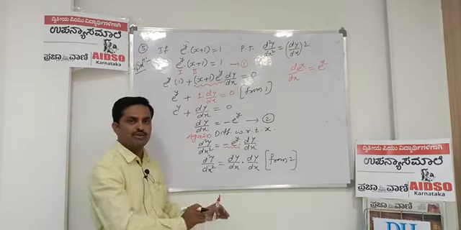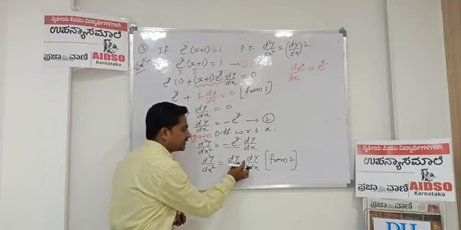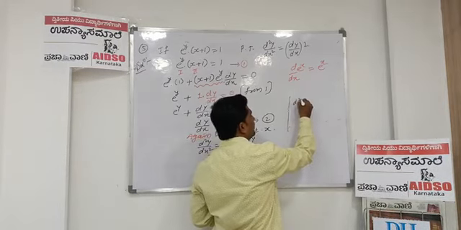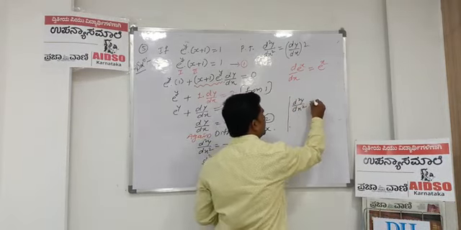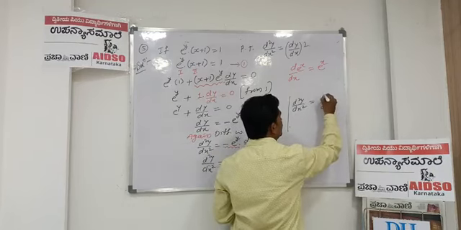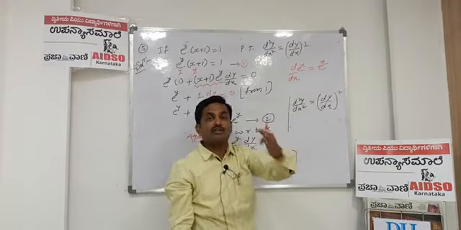This is the result we have substituted. So now finally dy by dx into dy by dx, what will you get? d square y by dx square is equal to dy by dx into dy by dx, which is dy by dx whole square, and that is our required condition.